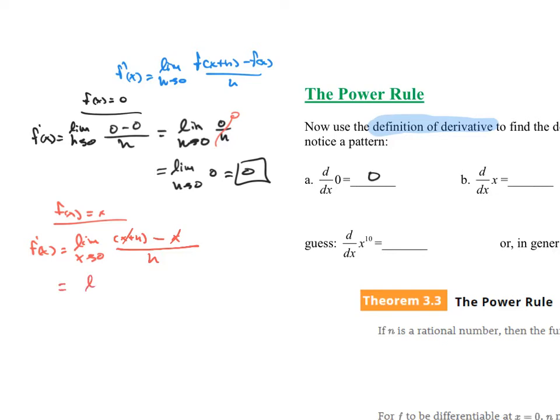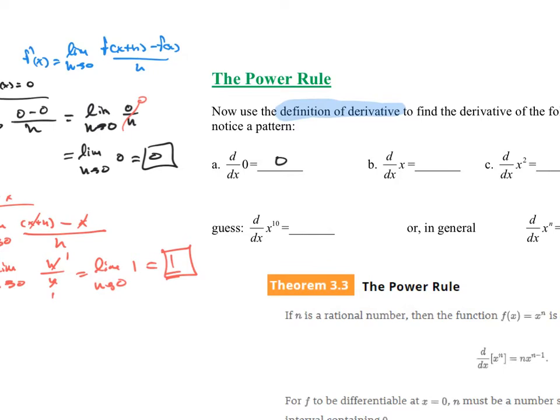So I'm left with the limit as h approaches 0 of, well, we just have h over h, but those simplify into a 1. So this is the limit as h approaches 0 of 1. The limit of a constant is the constant, so the answer is just 1. So we come up here, and the answer for the derivative of x is just 1. For the previous one, it was 0.